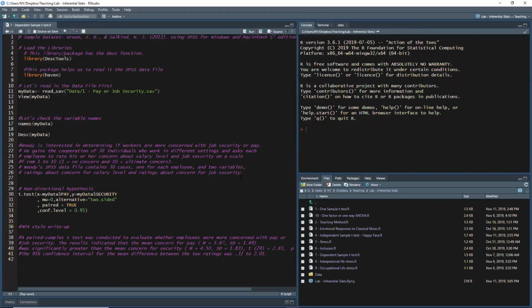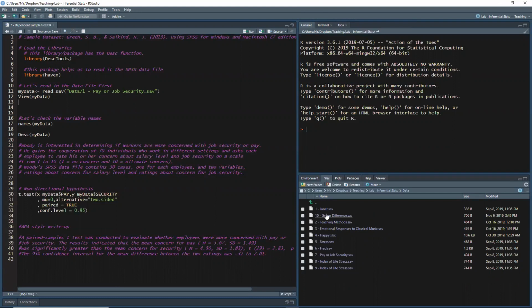Okay, so in this one, basically the idea is, let's check the data file first. And it looks like in this file I'm calling one-pair job security SAV. So let's see whether that file is in the data folder. Okay.